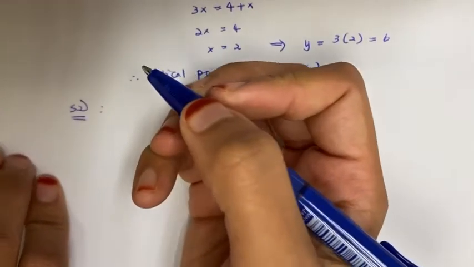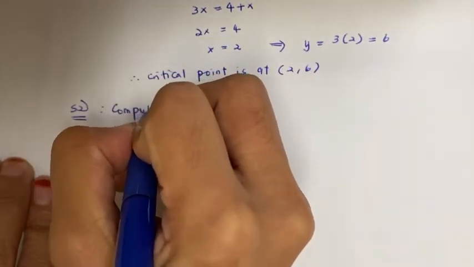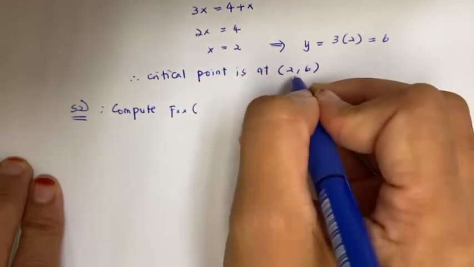For the second step, you need to compute fxx, fyy and fxy at your critical point, which is 2, 6.